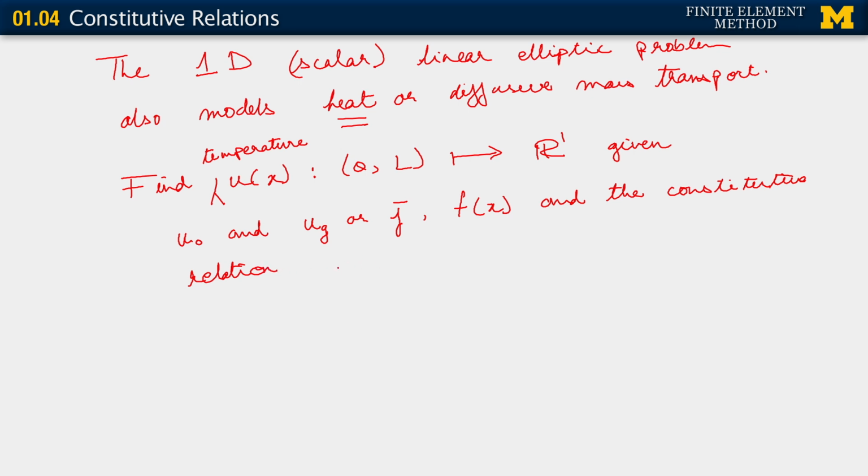In this case, the constitutive relation is for the heat flux, and I want to use a different symbol instead of sigma. I'm going to use the symbol J for the heat flux. J equals minus kappa u comma x.